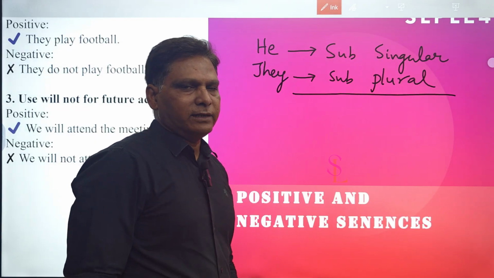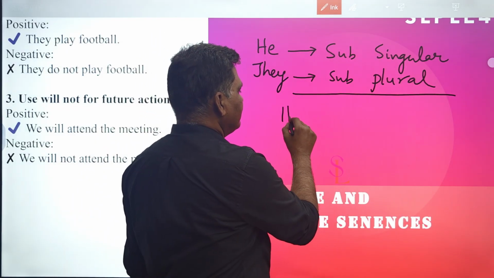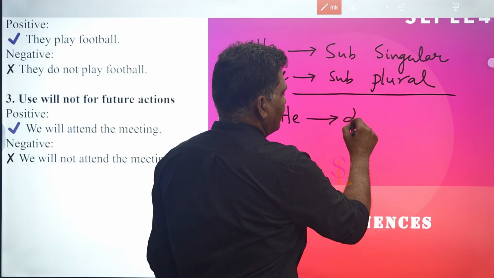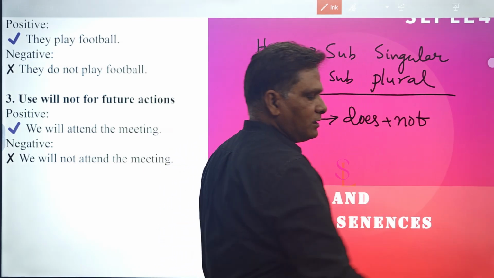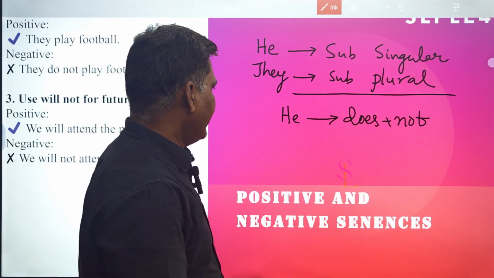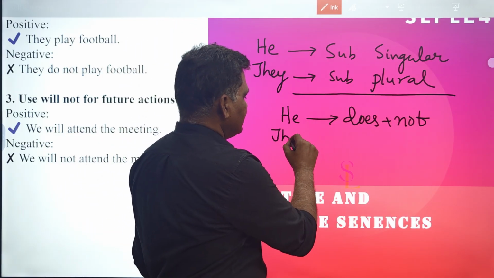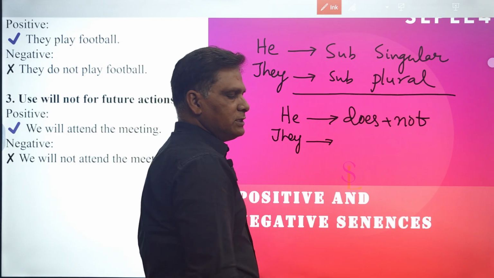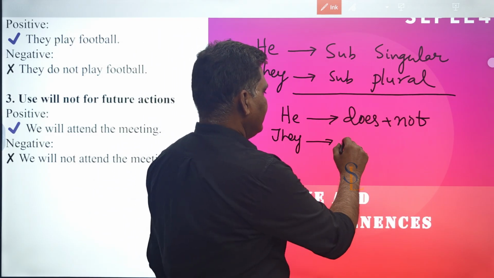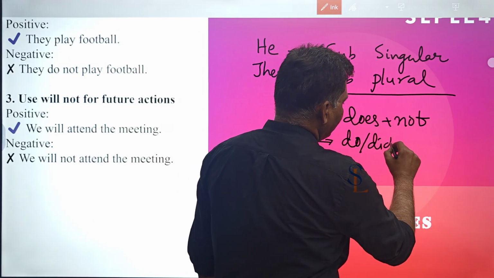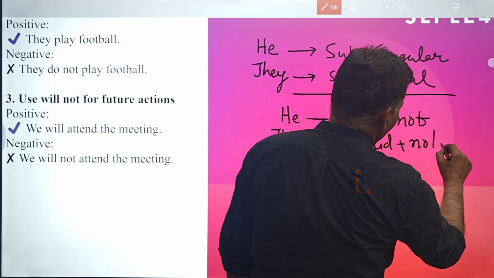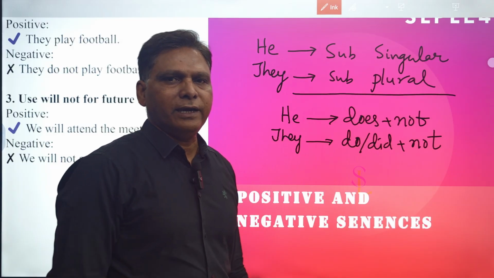A singular subject like he takes does plus not to turn something into negative, and a subject like they, which is a plural subject, takes do or did plus not to turn the sentence into negative.